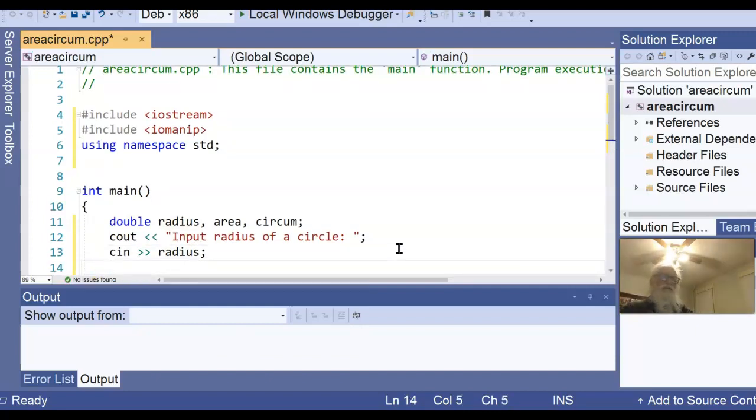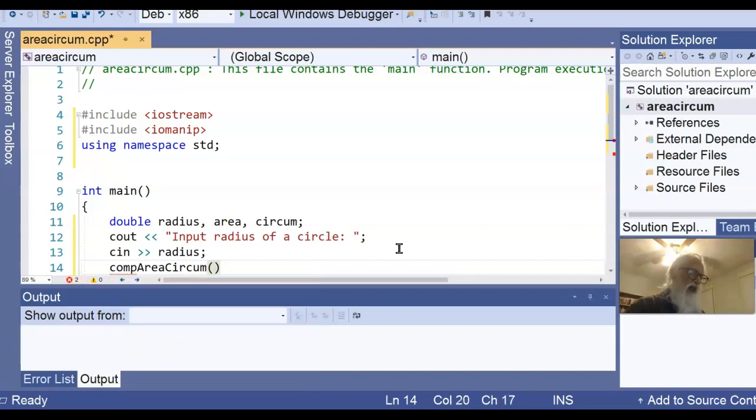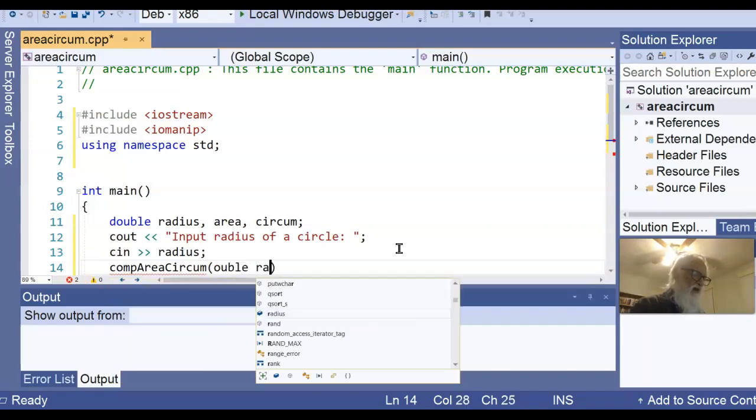Now, what do I want to do? I want to have a function that sends me back two things. But it can't do that with a return statement. However, I can modify variables that are sent in. So why don't I have compute area circum, double radius.